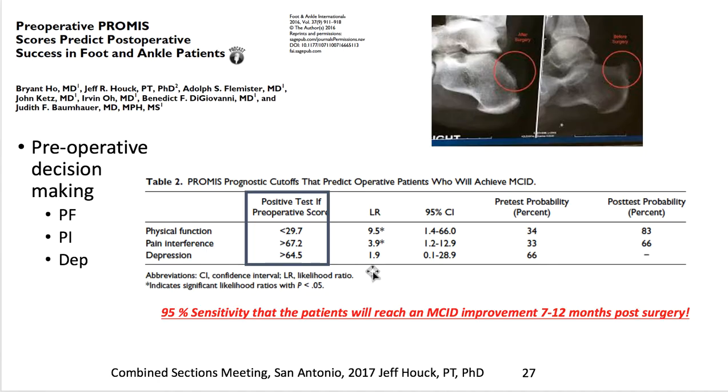And so what this is highlighting for us is that our decision to have people go to surgery needs to be mitigated with some kind of concrete information that's associated with their functional and pain deficits.